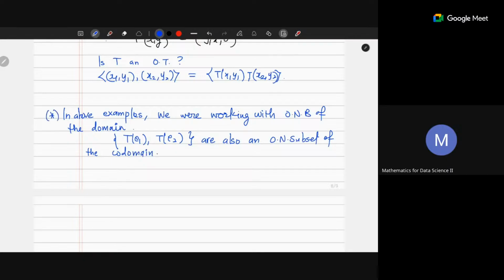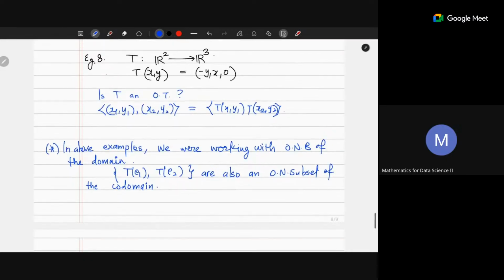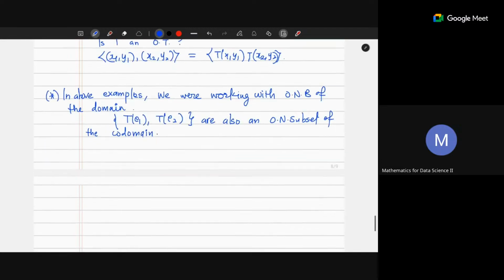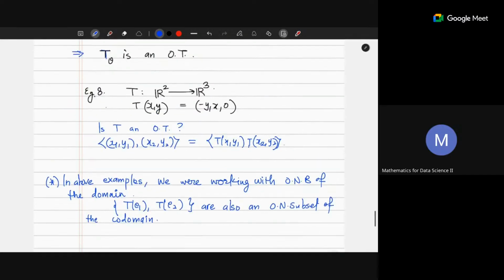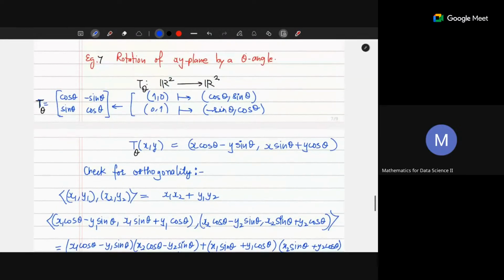All right. For example, in the previous example 8, the image of 1, 0 and the image of 0, 1 are going to be orthonormal to each other, and the set they form will be an orthonormal subset. In the previous example 7, we had cos theta, sin theta and the image of 0, 1 to be minus sin theta, cos theta. So they were also orthonormal to each other.